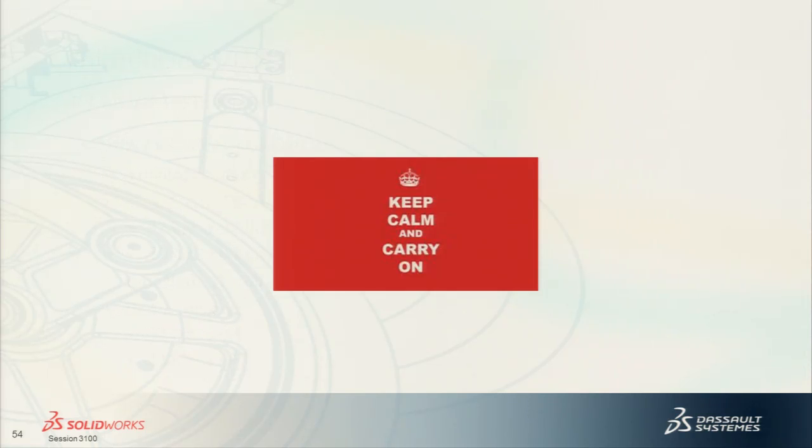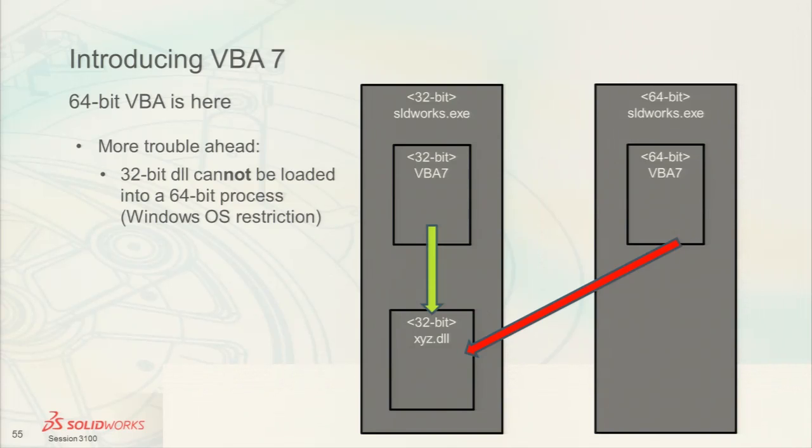Okay. So, until now it was plain sailing. I want you all to stay calm. There's no need to worry. Of course, it's getting worse from here, but we'll recover from that. The problem now is you always use this 32-bit DLL, but Windows doesn't allow you to use that in a 64-bit process. It simply says, can't do it, I don't want it.